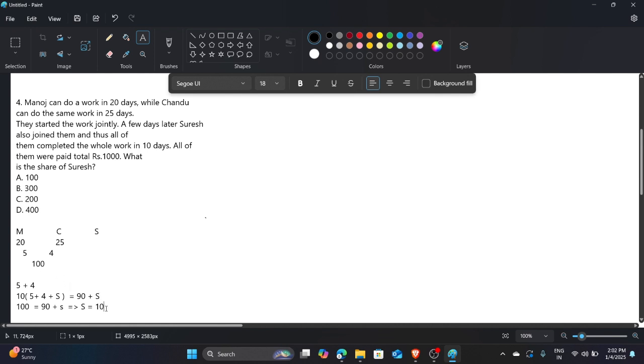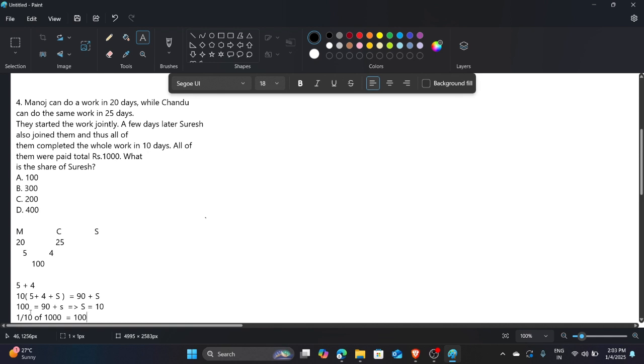Out of 100, he only did 10 units. It means 1 by 10 of the work Suresh has done. Then the share is also 1 by 10. So if you take 1 by 10 of this number, then the answer is 100.